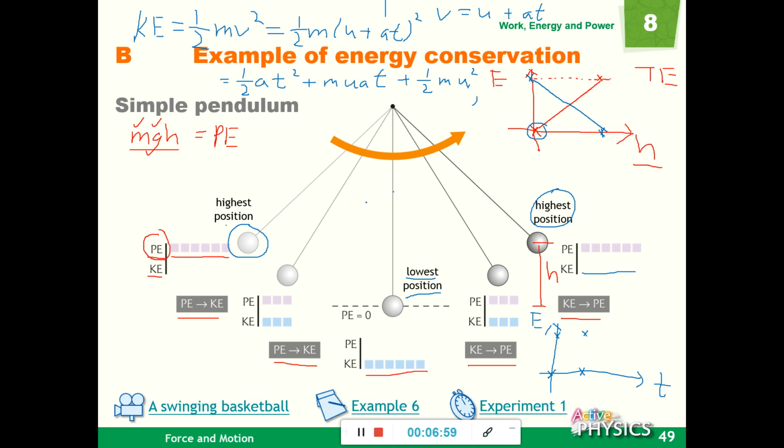Okay, then what happened? I draw it here. Follow the point here. This one will be a quadratic equation, like that. At the same time, I change the color. The white one, add them together, will be the total energy.